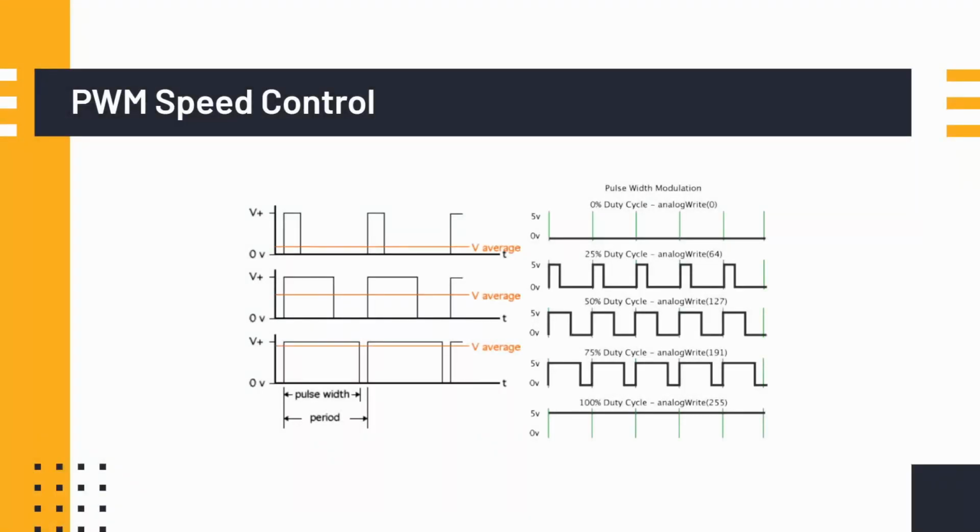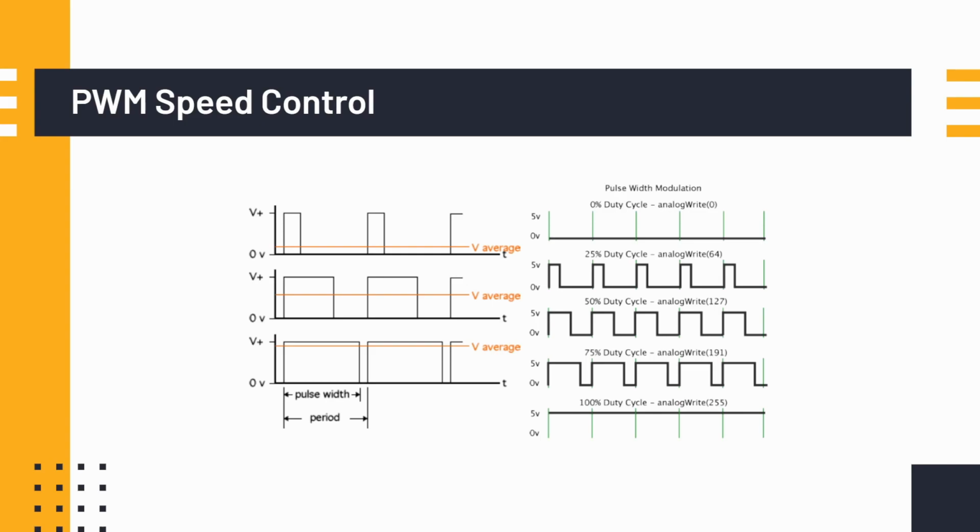So how exactly would we control the speed? Speed is going to be controlled by how frequently we are sending out power to our motors. And that is managed via something called pulse width modulation, or PWM.